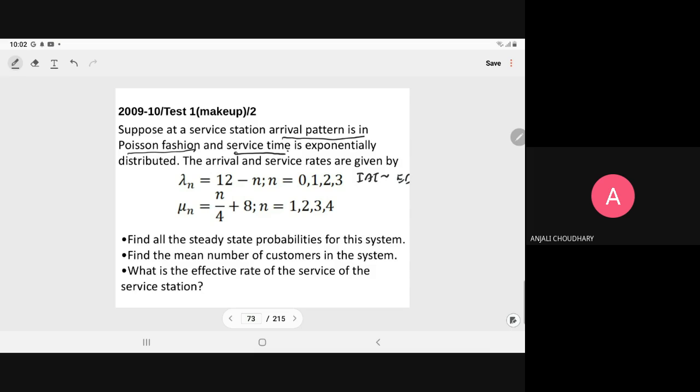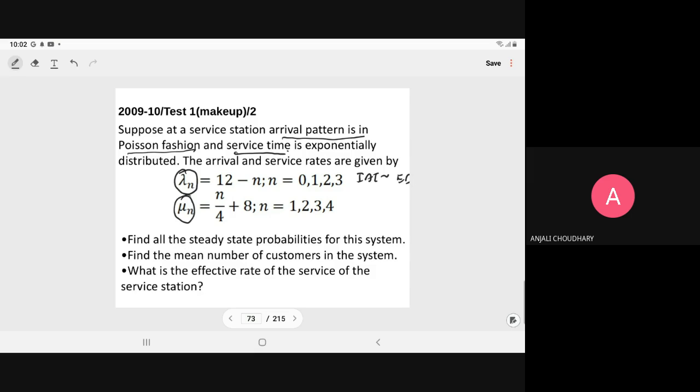The arrival and service rates are given by lambda n and mu n, so we have a state dependent arrival rate and state dependent service rate. Here we have to find all the steady state probabilities for this system, find the mean number of customers in the system, and find the effective rate of service of the service station.